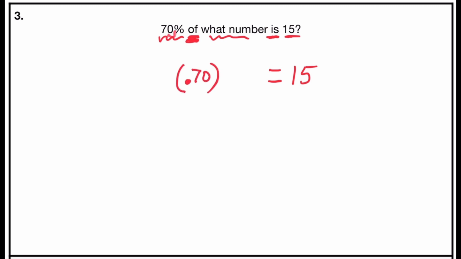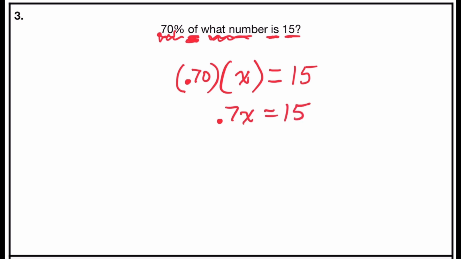You can either move the decimal 2 places to the left or divide by 100 in order to write it in its decimal form. Then I'm going to multiply that by the what number, which is going to be my variable that I'm solving for. So 0.70 times x is 0.7x, and that will equal 15.